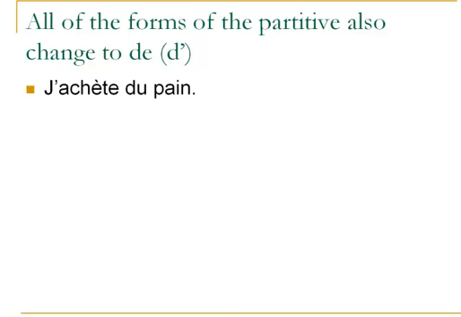So where you would say, I'm buying some bread, you would make that negative by saying, je n'achète pas de pain. You would change the du to de after the word pas. So to put it simply, you'll never use du or de la or de l' after the word pas. All of those will change to de instead.